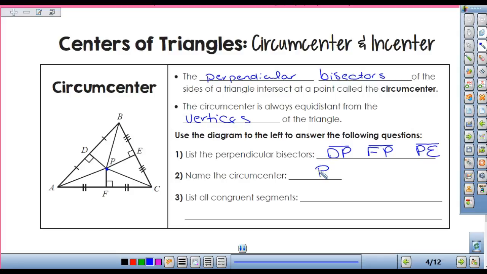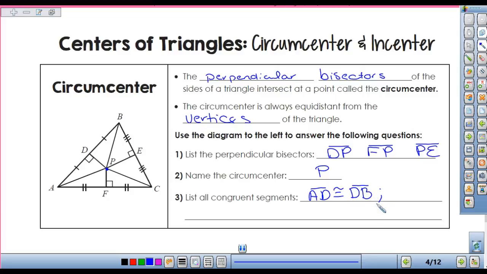All right, so we have a whole load of congruent segments, because first of all, we have perpendicular bisectors, right? So if we're going off of DP, what are my congruent segments on that side? AB is going to be congruent to DB.